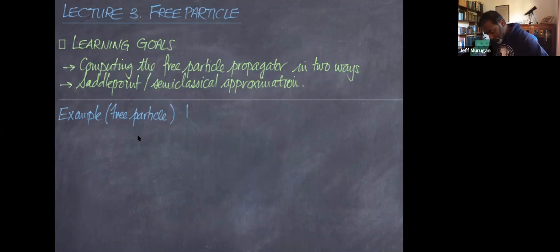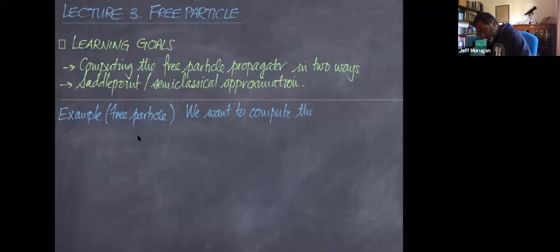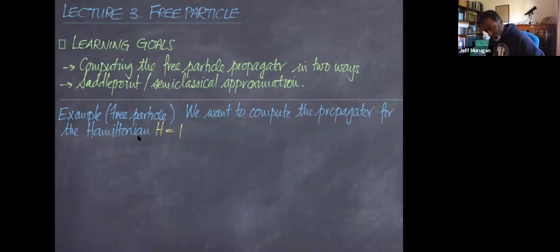What we want to do is to compute the propagator, or path integral, or amplitude, for the Hamiltonian H equal to p squared over 2m.